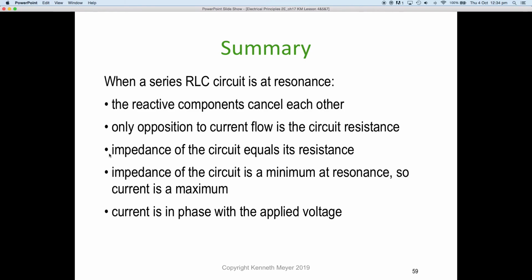So you're only left with the resistance in the circuit. The impedance of the circuit is at its minimum at resonance, so the current is at its maximum. And finally, the current is in phase with the applied voltage, which means the circuit is at unity or a power factor of 1 or a phase angle of 0 degrees.